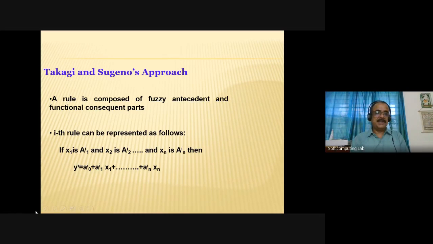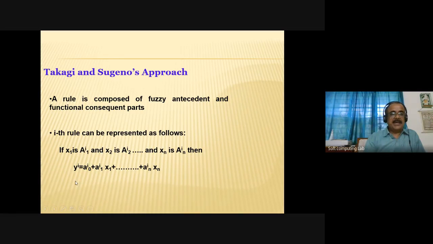If x1 is a1i and x2 is a2i, and the last is if xn is ani, then yi is nothing but a0i plus a1i x1, and the last term is ani xn. And here you can see we use the conjunction AND, not the operator AND. So in the Mamdani approach we use capital AND, but here we use small and.